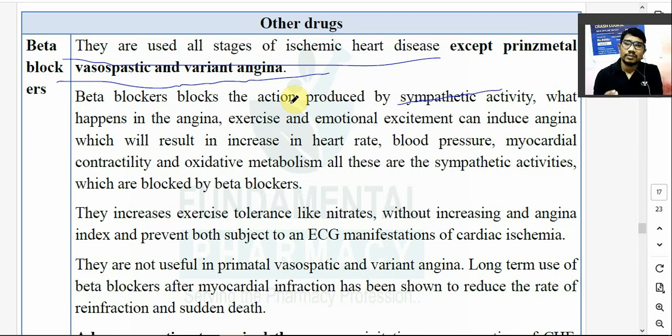That's why there is decreased blood flow to the myocardium. At rest you will not feel any pain or discomfort. But when you are doing exercise, under the influence of emotion, or under stress, your heart rate increases due to sympathetic activity. Due to this, the workload on the heart also increases.